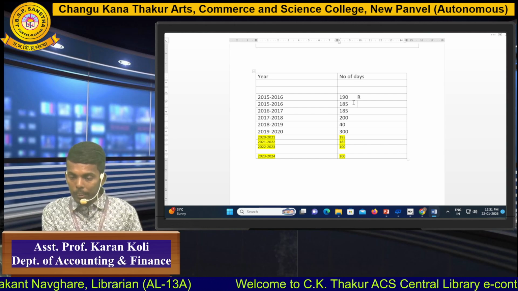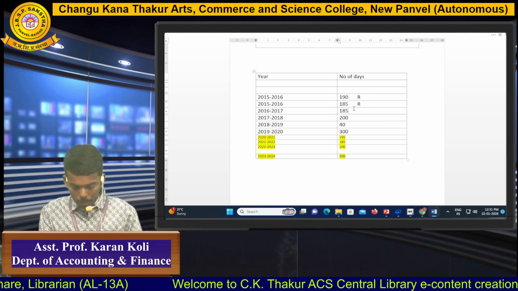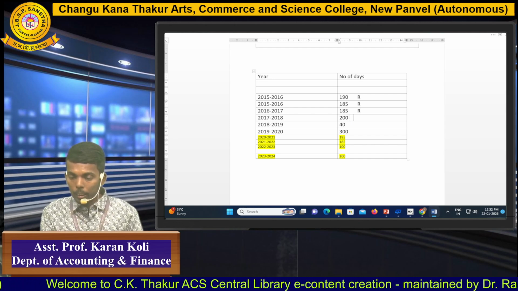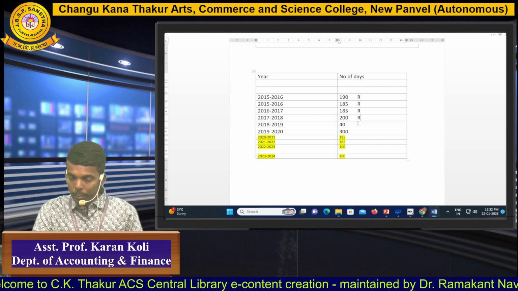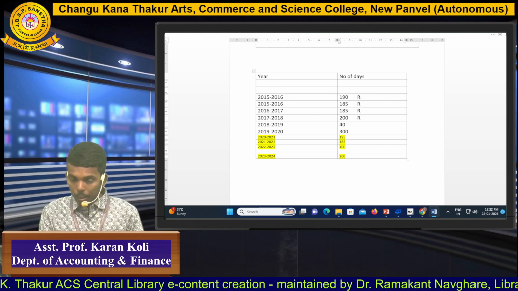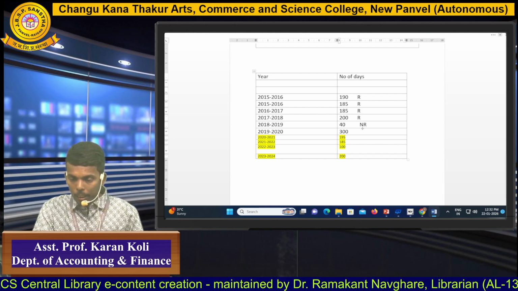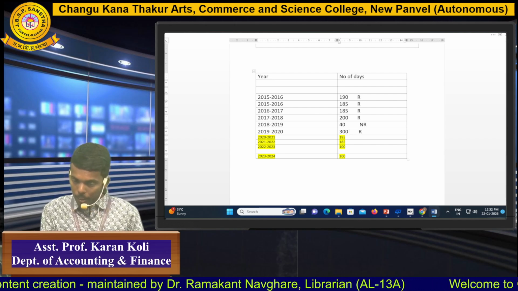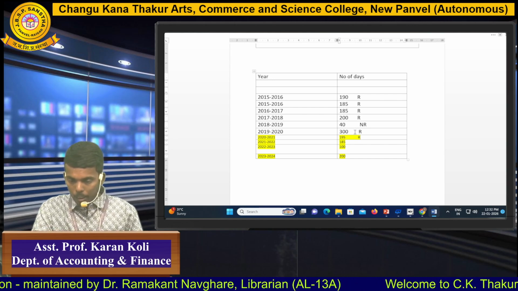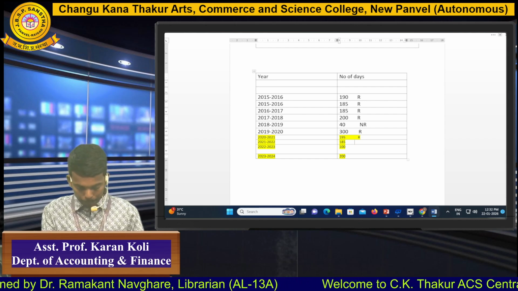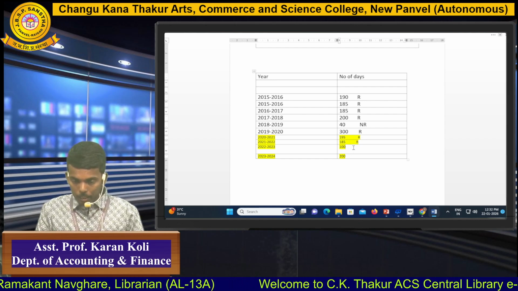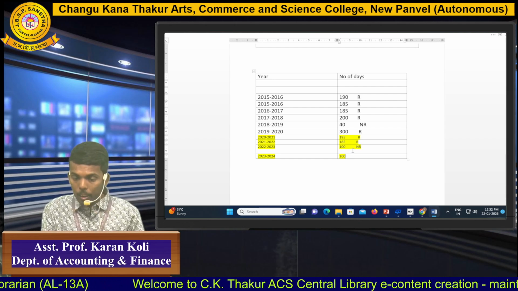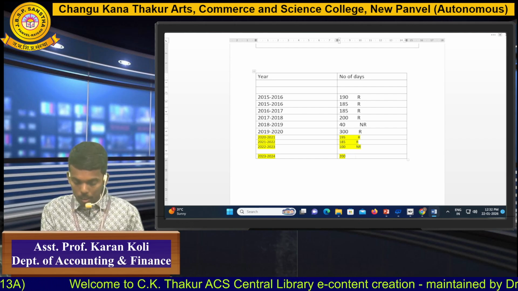Then again 2015-16 resident of India, 2016-17 resident of India because 185, then 200 resident of India, then 40 days only, so in the year 2018-19 he is a non-resident of India. 300 again resident of India, 195 resident of India, 185 resident of India, 100 non-resident of India, then 200 resident of India.